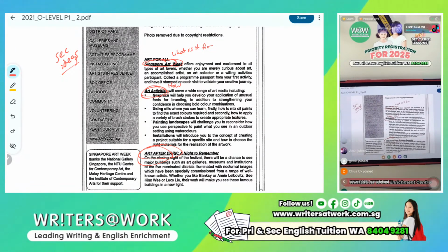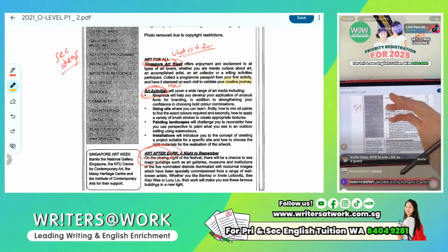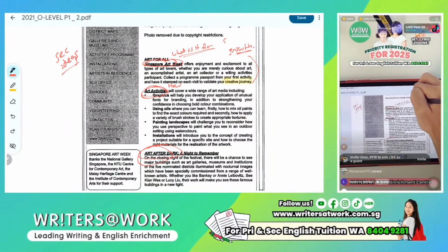The first one, my first secondary idea, is what this art exhibition and art week is for. And I think the important thing is here, creative journey. So we are looking at how this art week is able to enrich your creativity, to have some kind of growth, personal growth here. Okay, some kind of self improvement kind of idea.